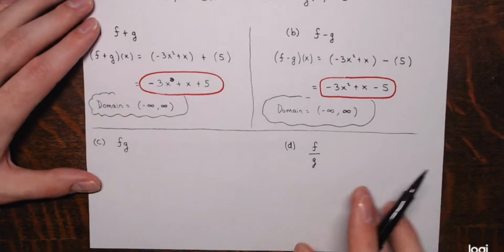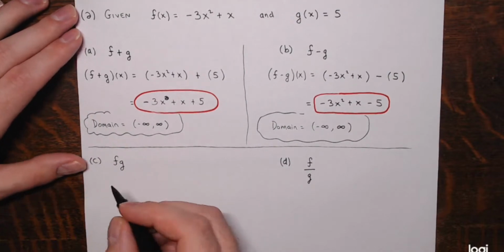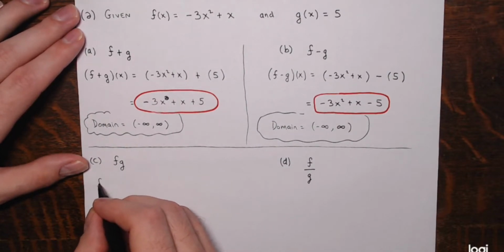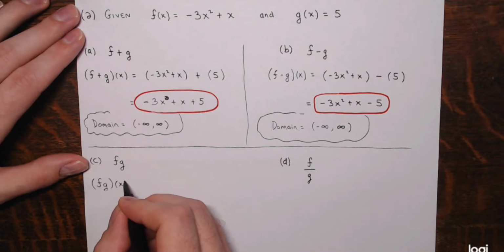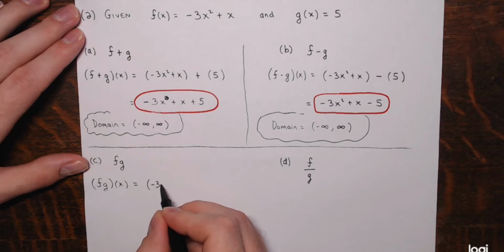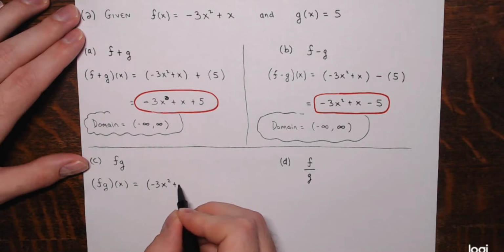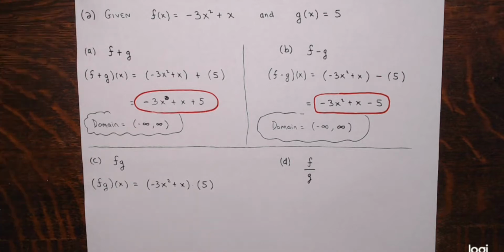All right, what's this function f times g? Or fg, right? So this function fg of x, again, is just the output of f, which is negative 3x squared plus x, multiplied by the output from g, which is simply 5 all the time. Now here we need to do some distributing.